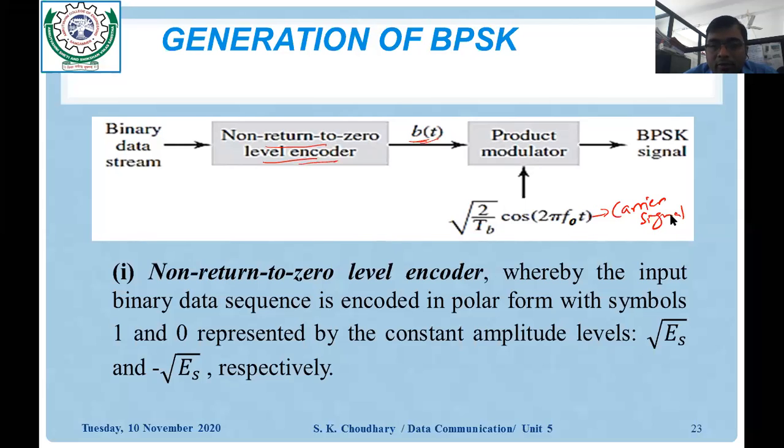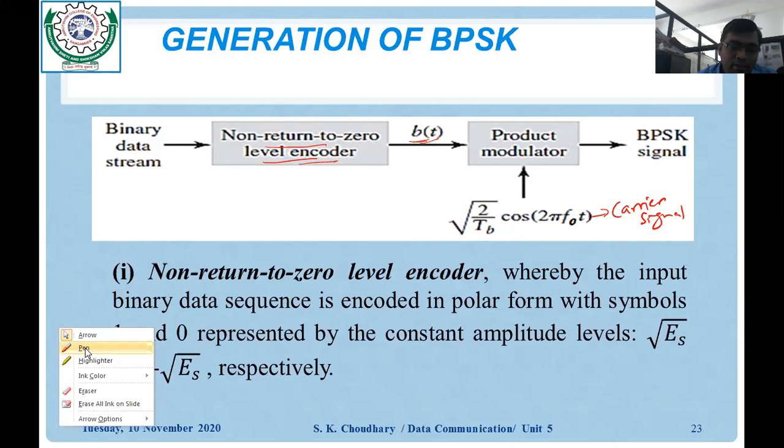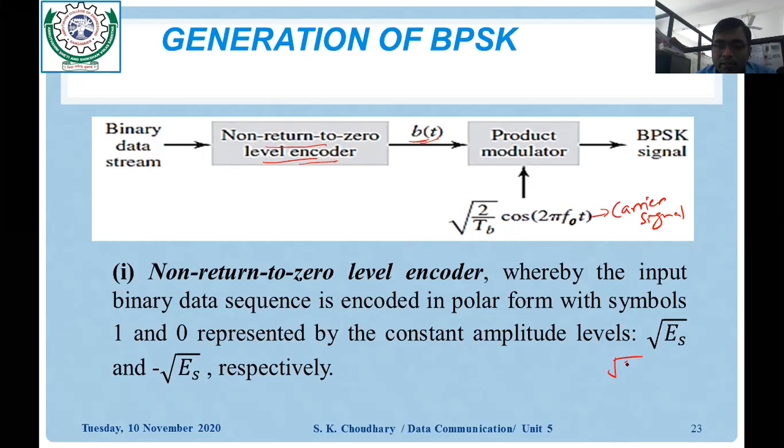In the NRZ level encoder, the input binary data sequence is encoded into polar form with symbols 1 and 0 respectively, having amplitude of square root of ES or minus square root of ES. I have represented these as energy level signals. We have already learned this, or you can say it is square root of twice PS or minus square root of twice PS. But both are the same and both are correct.